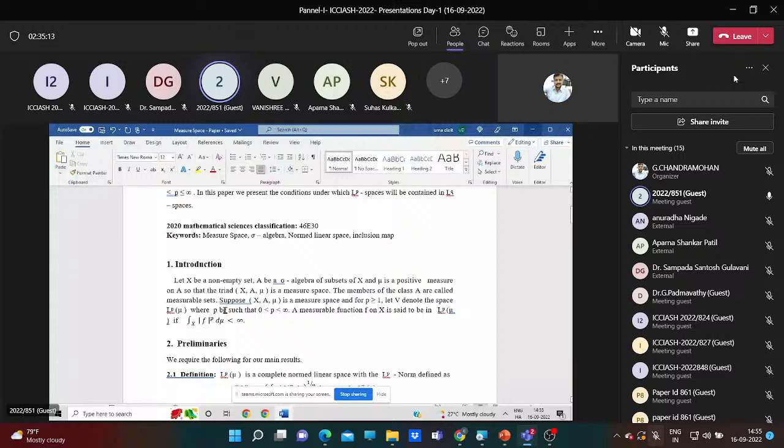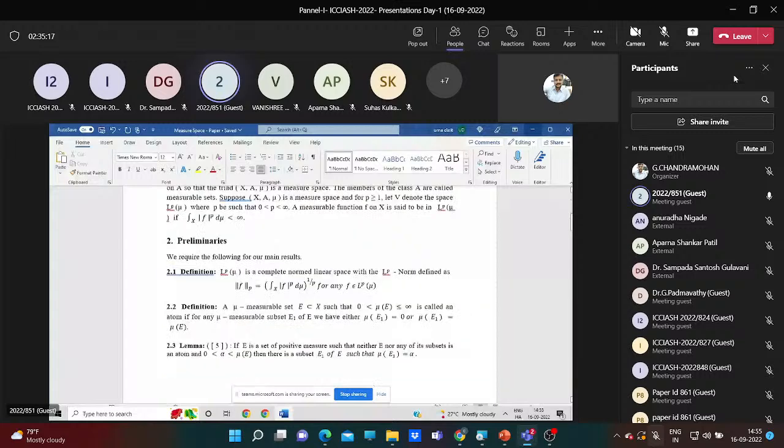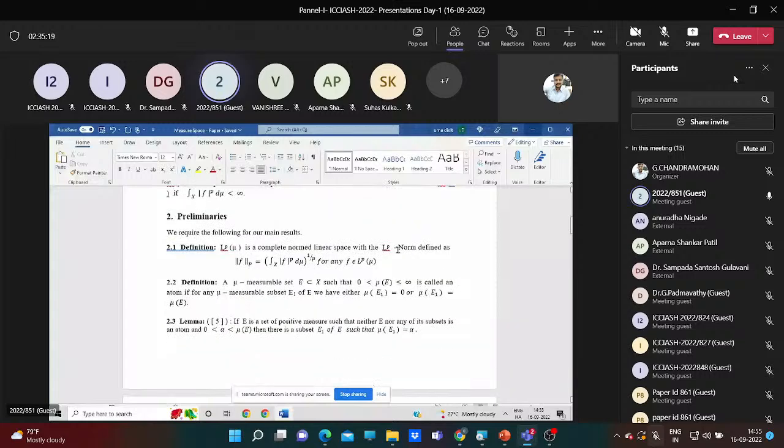These are the few definitions which I have used: the LP norm definition and the mu measurable definition, where if 0 is less than mu of E is finite, then it is called an atom, if for any mu measurable subset E1 of E, either mu of E1 is 0 or mu of E1 is mu of E, in the sense that there cannot exist a subset in between. That's the meaning here.